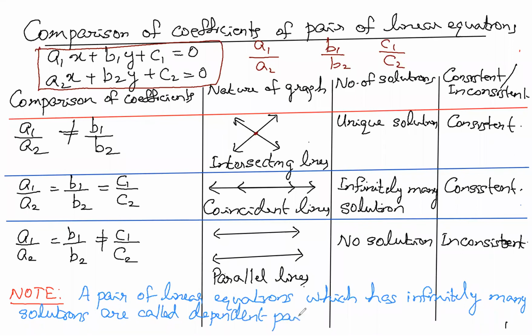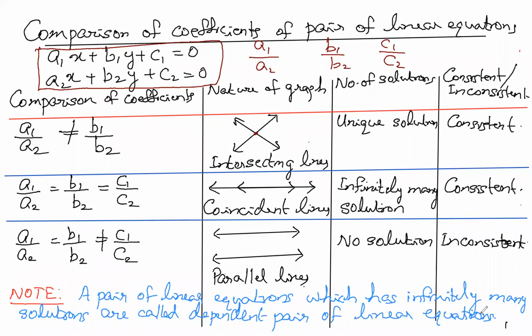Sir, dependent or independent? Dependent. D-E-P-E-N-D-E-N-T. I am writing here. Can you see that? Yes, sir. Dependent pair of linear equations. Which means a second condition.